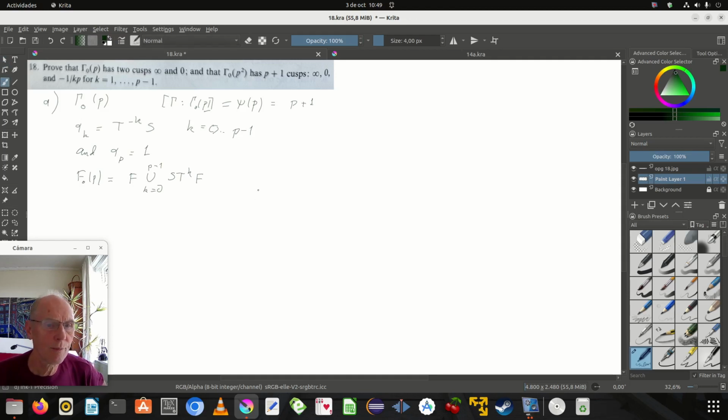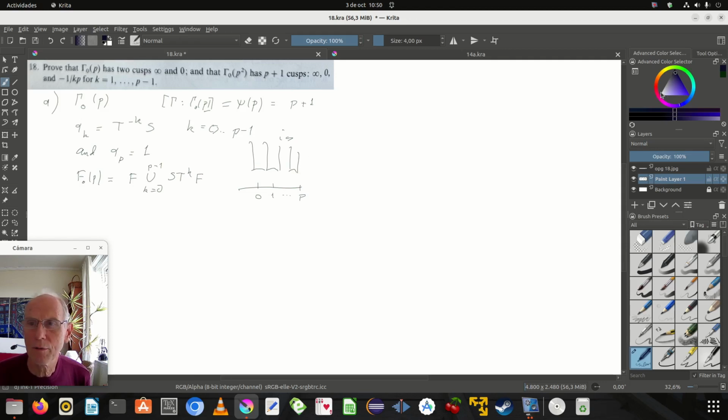I'll just draw them. So we have the cusp at infinity, and then we must map S. When k is 0, we go down here, so we'll just make the blue one.